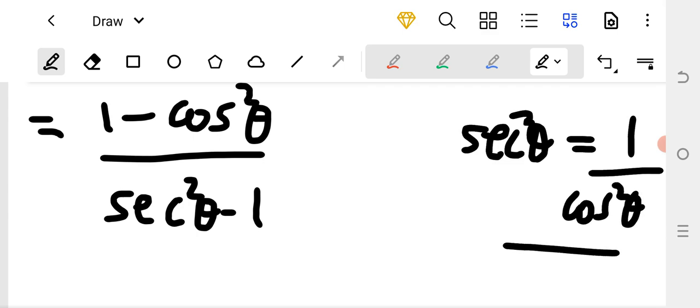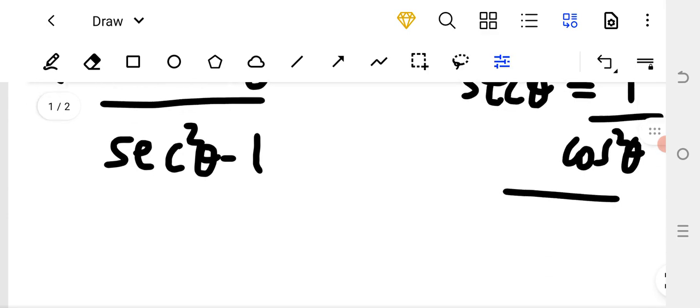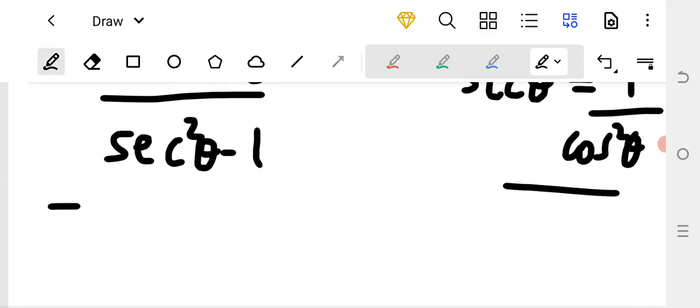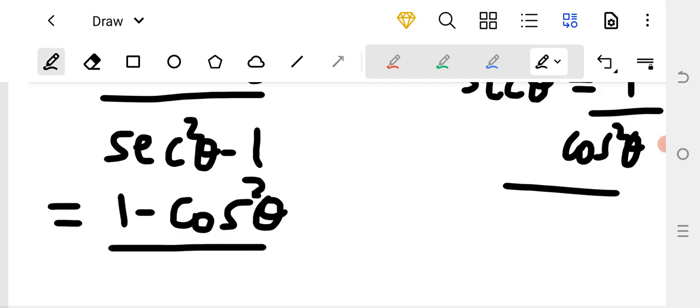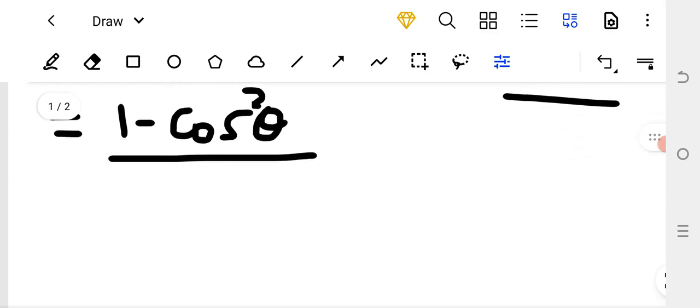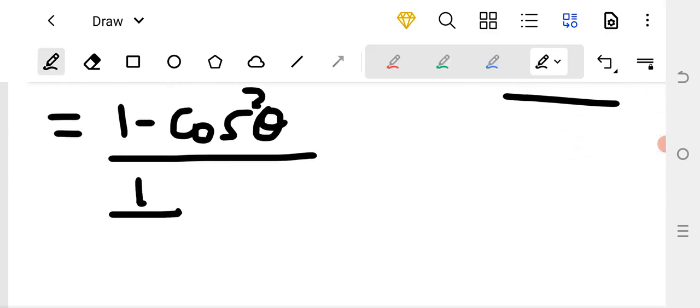This is an identity you need to just know. So we're going to say is equal to 1 minus cos theta squared, then you divide by 1 over cos theta squared, then minus 1.